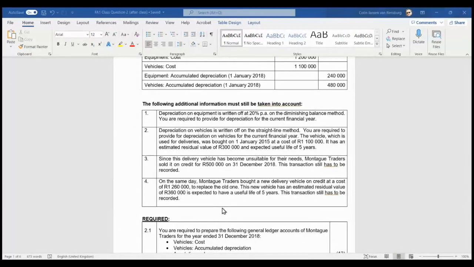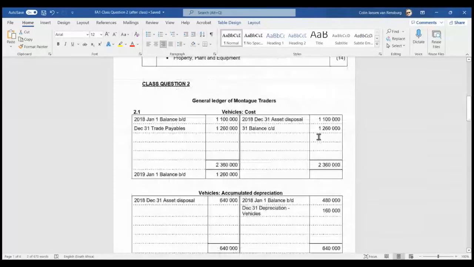Okay, so Inati has given us the answer there, ladies and gentlemen. Let me just go back to the Word document so that I can point it out. At the beginning of the year, on the 1st of January, our accumulated depreciation account had a balance of 480,000 rands. But earlier today we calculated the depreciation on vehicles for the year.